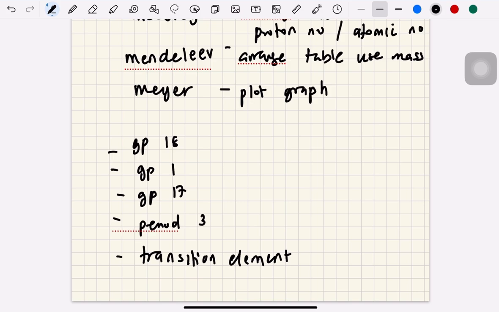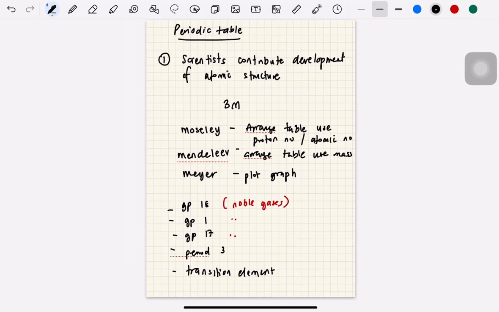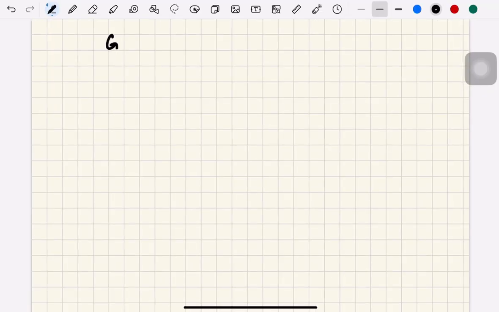I hope you're okay with the basics, like the nicknames, for example group 18 is called noble gases. One thing I need to highlight is that whenever they ask about group 18, what always comes out is its appearance. Group 18 elements appear as colourless gas.